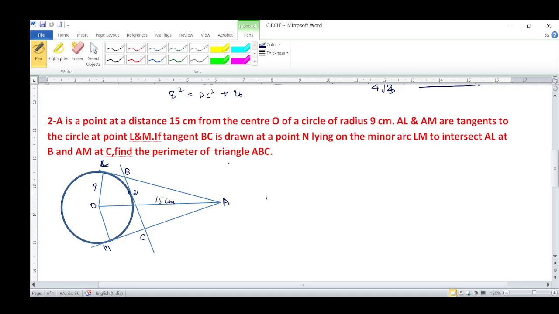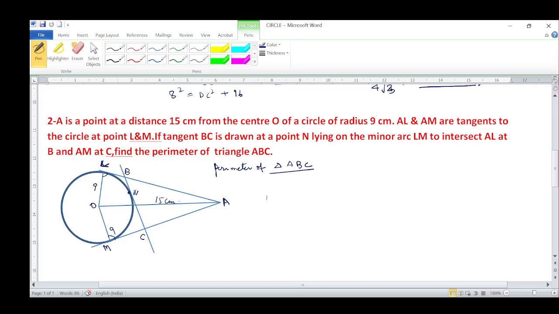What we have to know is the perimeter of triangle ABC. Okay, so how to proceed? This is 90 degree, obviously, this is a theorem. This is 90 degree because this is a point from the circumference on the center.